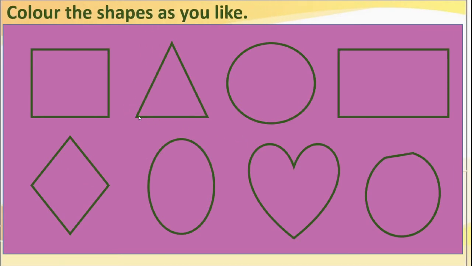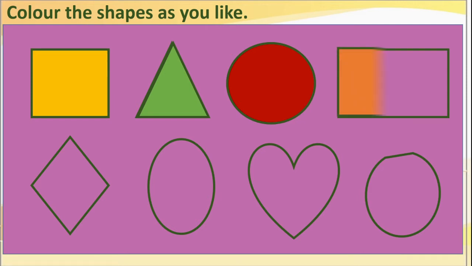What is the third step here? Color the shapes as you like. You can give any color to these shapes. Okay? Let us give the colors. See here. Give different colors to each shape so that our hanging will become attractive.